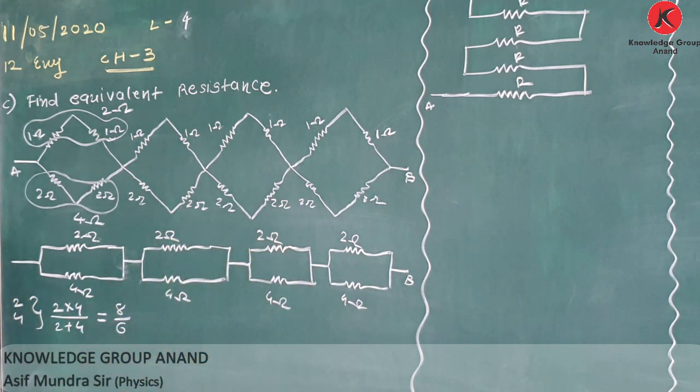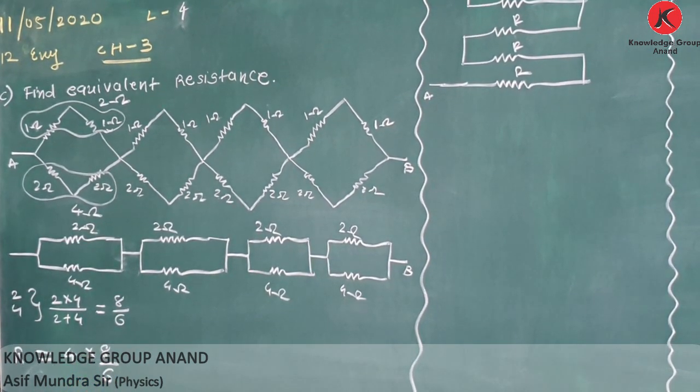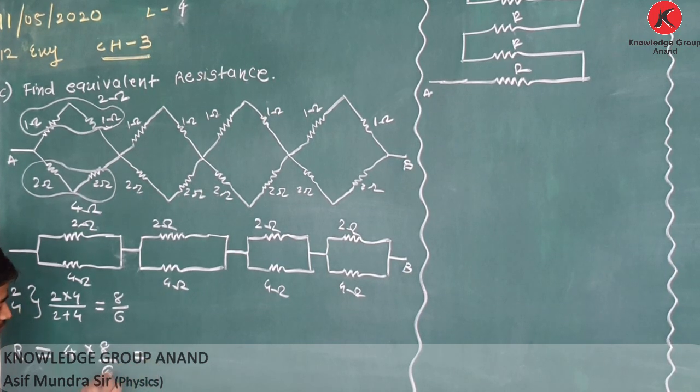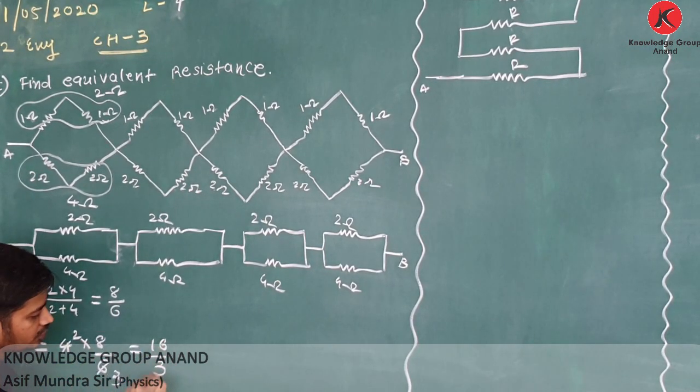And such 4 resistors are in series connection. So the resultant resistance R is equal to 4 into 8 by 6. Clear about this? Here it is 2 and 2, so it is 16 by 3 ohm.